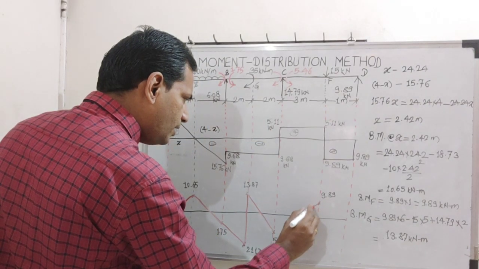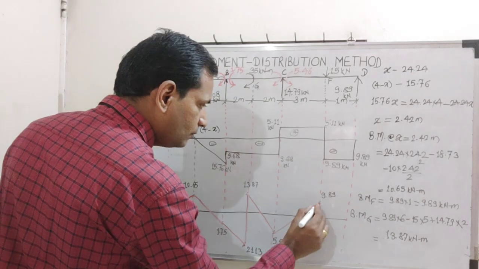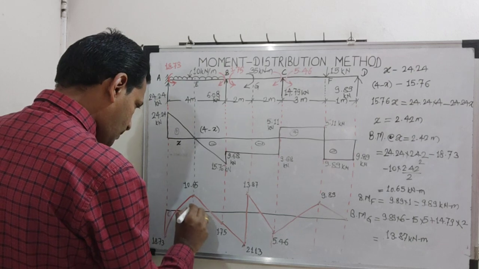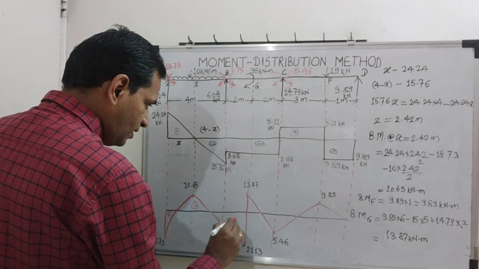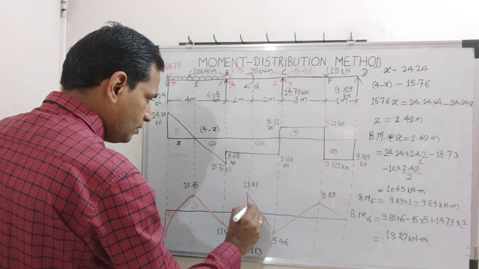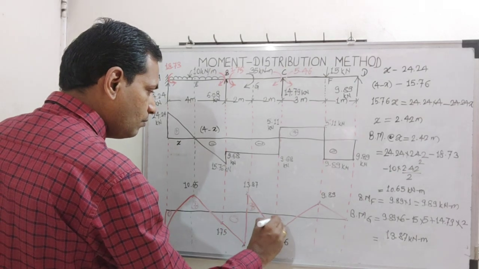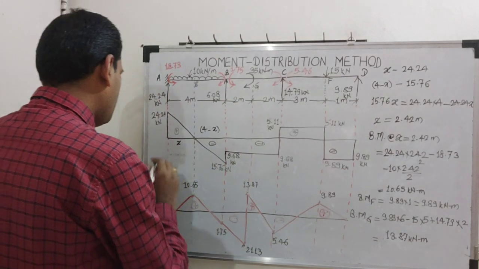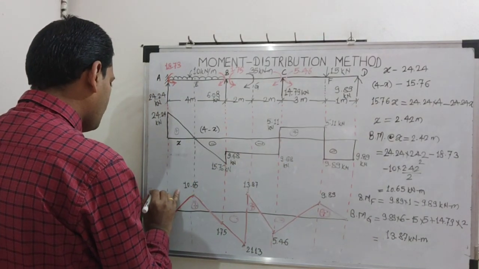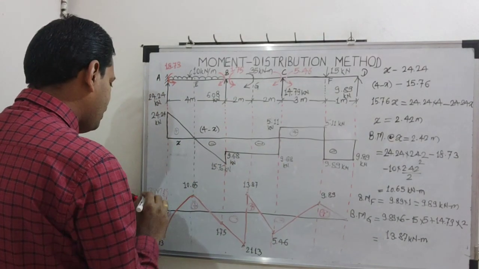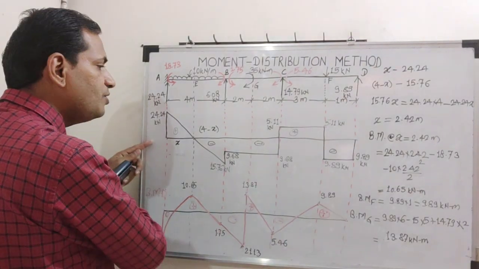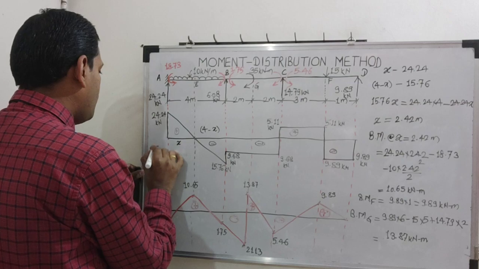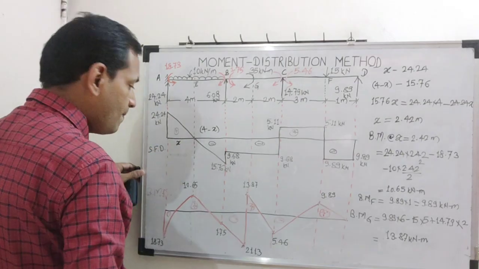Everything will be in a straight line. This is minus, this is plus, minus, plus, minus, plus. So this is our BMD on the tension side, and this diagram is the SFD for the continuous beam.